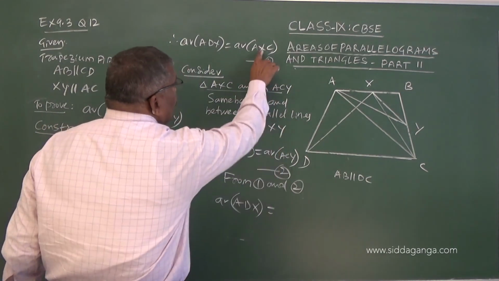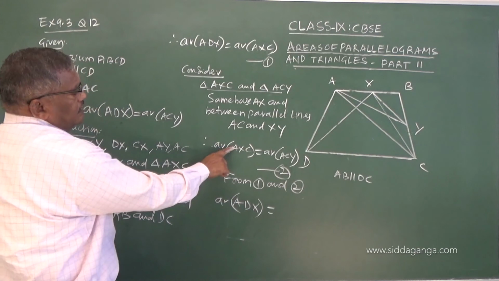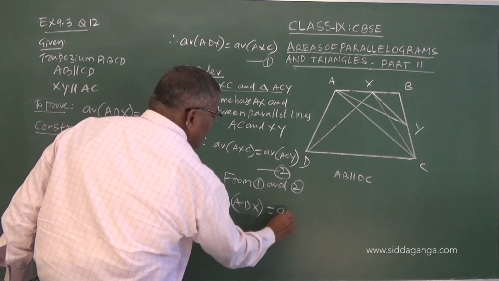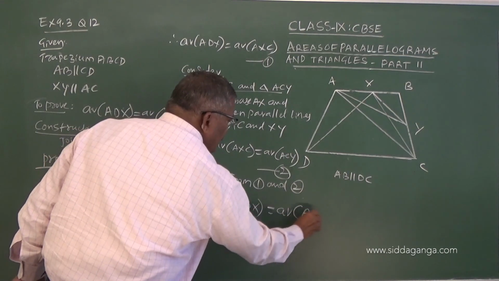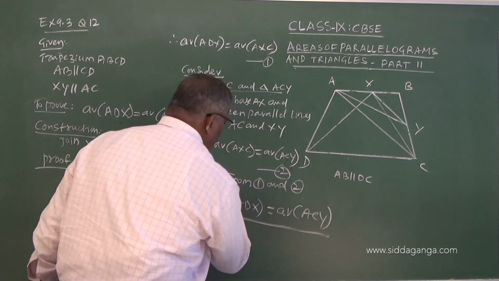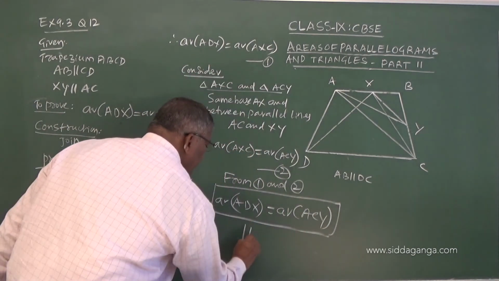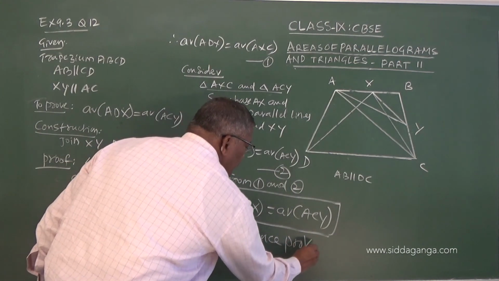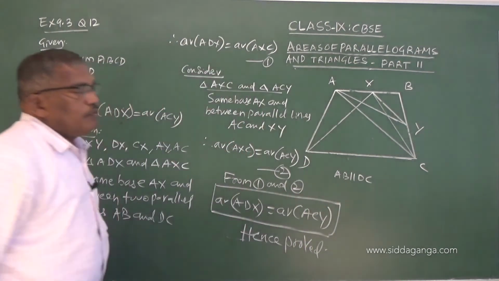See, both are equal to ACX. So therefore area ADX is equal to area ACY. So, hence proved.